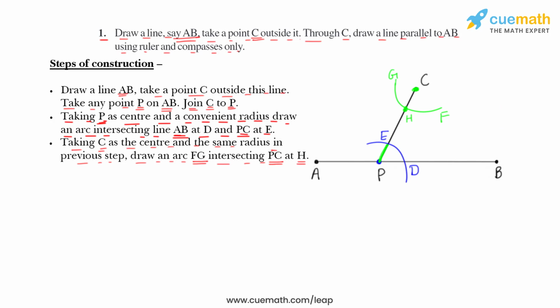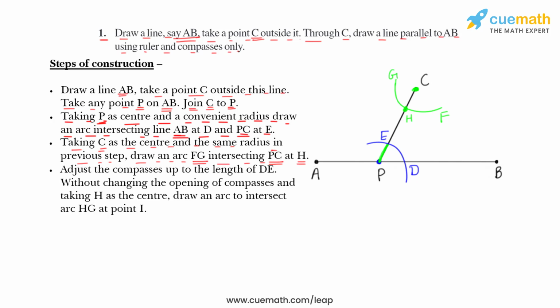Next step: adjust the compasses up to the length of DE, and without changing the opening of the compasses, taking H as center, draw an arc to intersect arc FG at point I. First of all, we adjust the compasses to the length DE, this length.